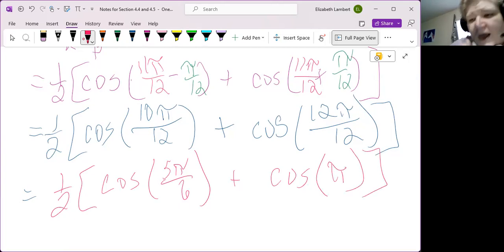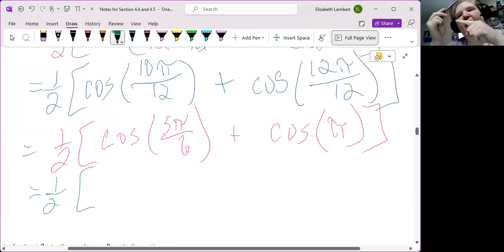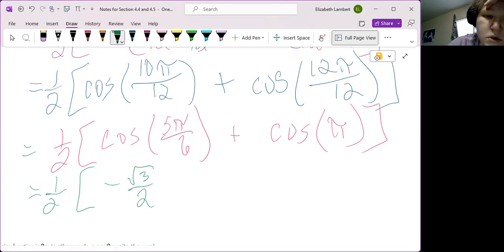Cosine of pi, I remember, because that's the third point on the graph, -1. Then 5 pi over 6 is almost pi, so that is long side cosine, so negative square root of 3 over 2 plus -1.